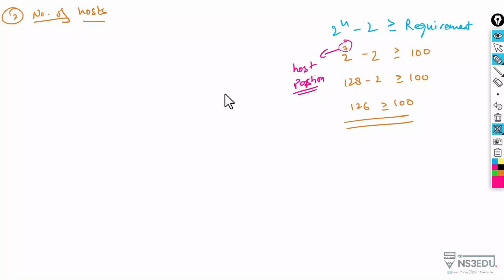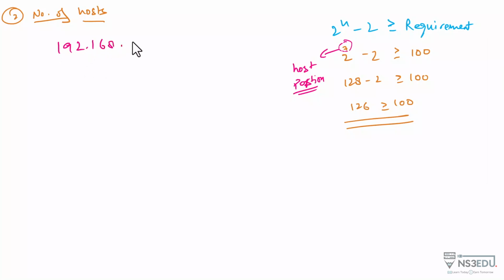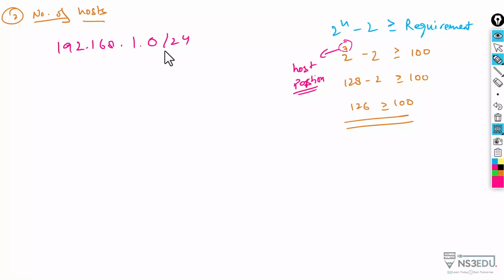Now we were doing it in a different way, let me explain. 192.168.1.0 /24 was the default IP address. We did subnetting here. Now let me take this subnet mask dot 0, right here, and expand it.